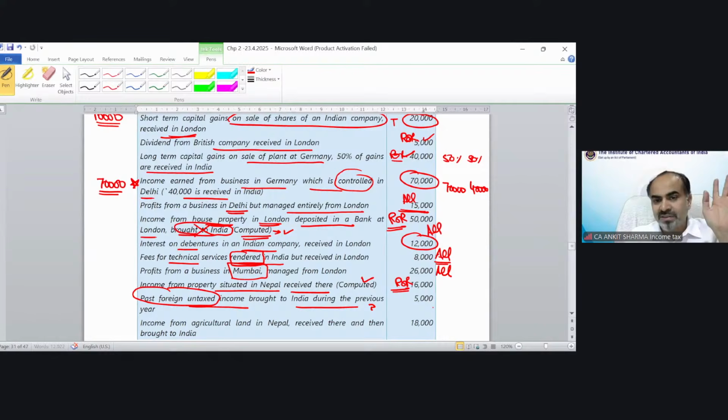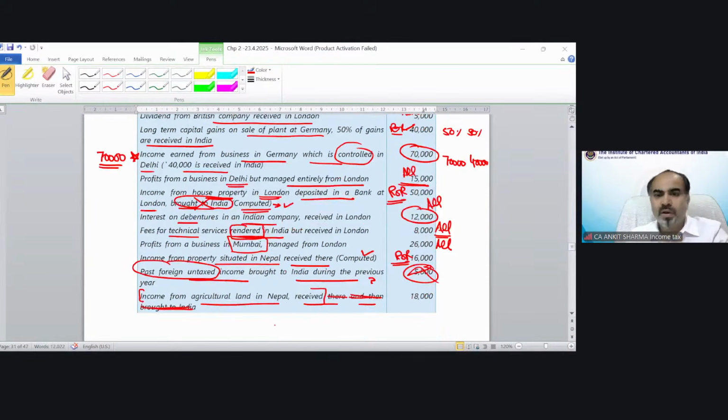Income from agricultural land in Nepal received there and then brought to India. Nisha is saying ROR, Ranjan is saying ROR, Mujahid is saying ROR. The correct answer is, of course, only ROR. Because it's not an exempted agricultural income.